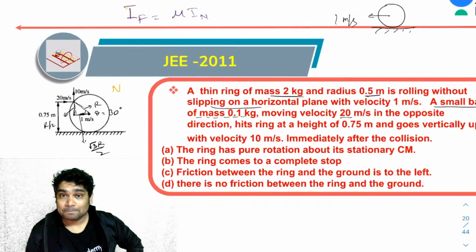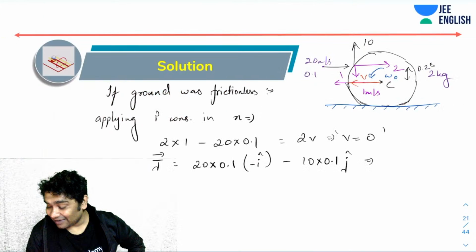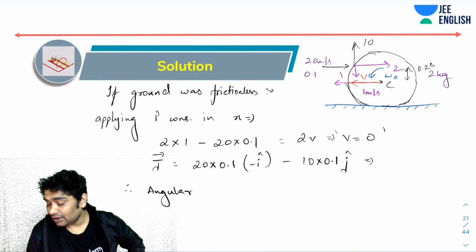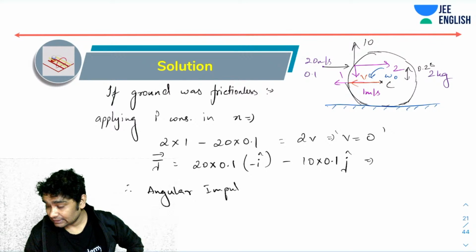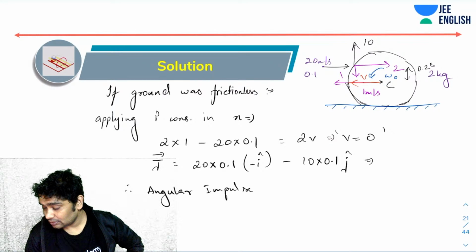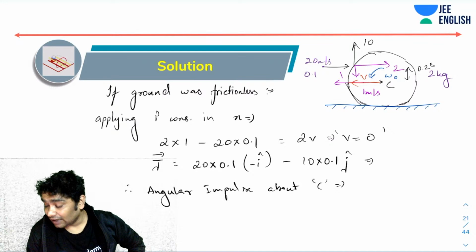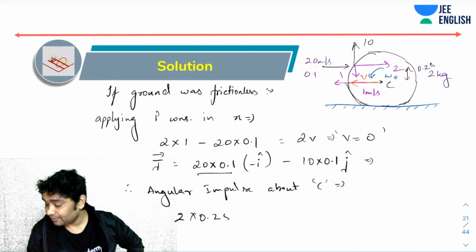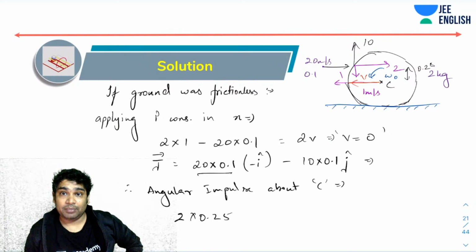Now let's try and find the angular impulse about C. How much will that be? This is 2 into 0.25, a clockwise angular impulse.